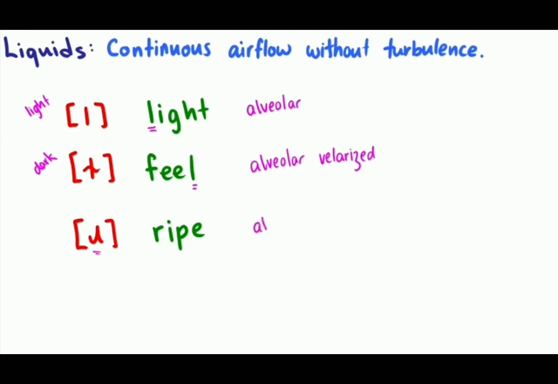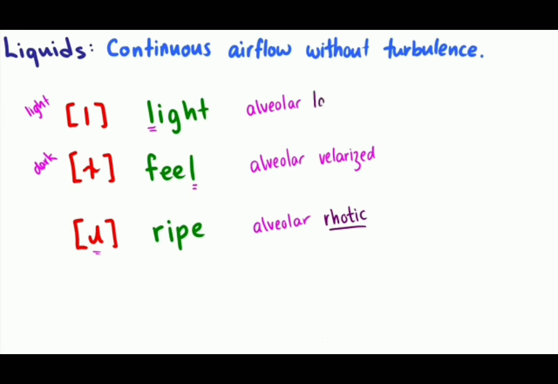Finally, the last liquid is the R. That's the R sound in English. The symbol is an upside down r, and this is an alveolar. So we need slightly more terminology to distinguish between L and R because they're both alveolar liquids.